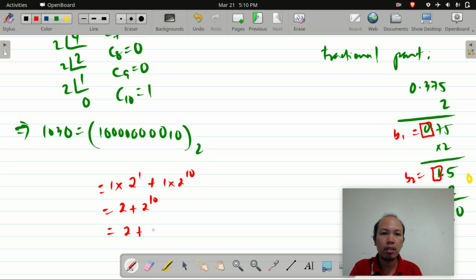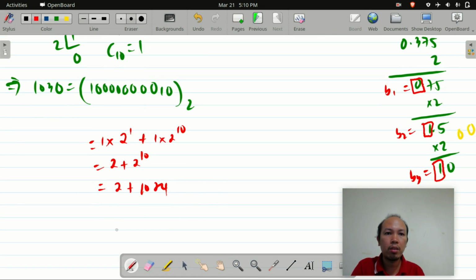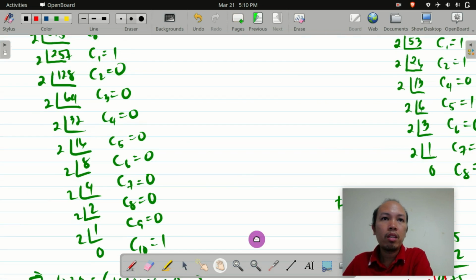This is 0 0 1 2 3 4 5 6 7 8 9 10. What happened? 1024. Did I make a mistake here? So we have 1026. Okay, sorry for this one. So where did I make a mistake here? Did I make a mistake here?